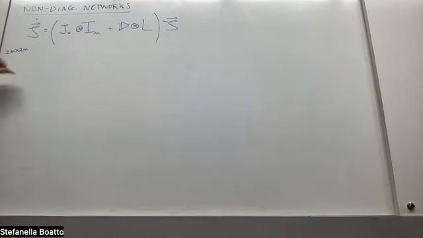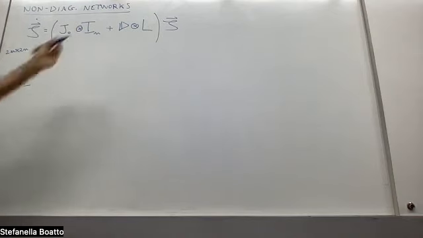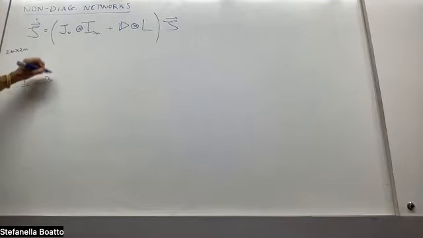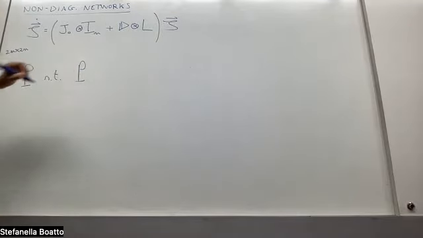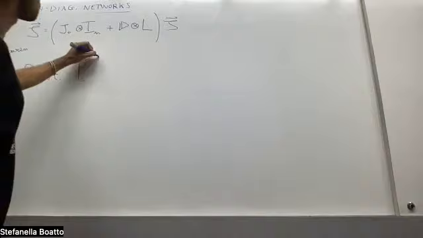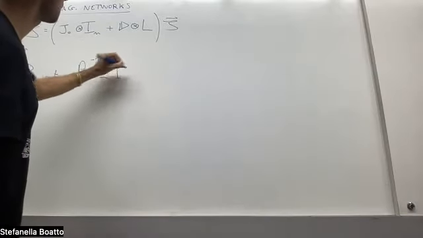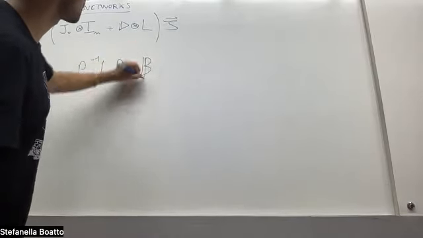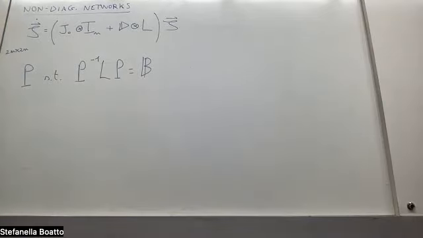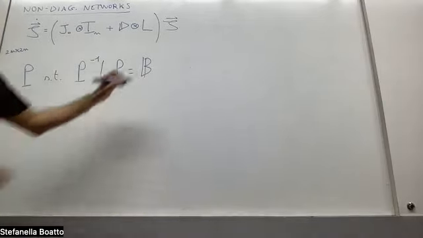We can determine an invertible matrix P of the same dimension, n times n, such that P minus 1 L P is equal to a matrix B, which is the matrix with the Jordan blocks.